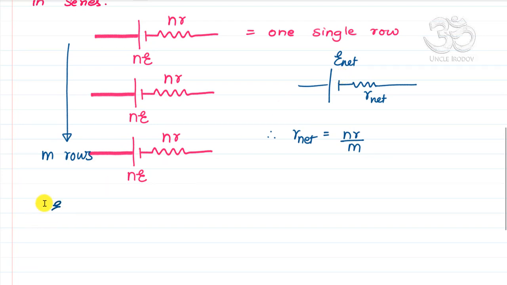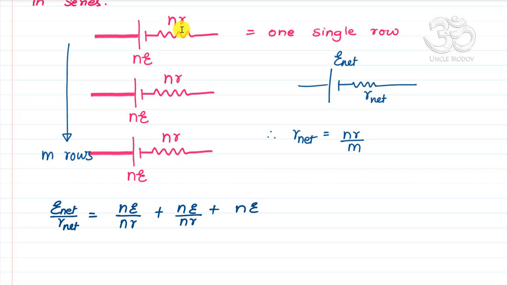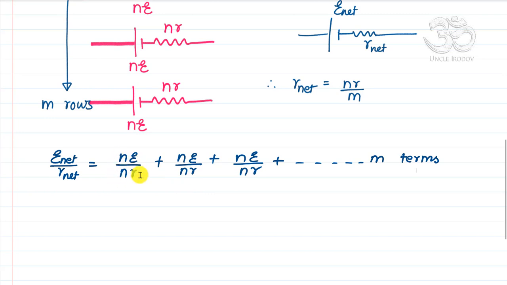And how we use that is E net by R net is equal to E1 by R1 plus E2 by R2 plus E3 by R3 plus, and I will have m such terms, one term for each row. So m terms, and you will see that each term will be just equal to nE by nr. So on the right hand side I'm going to get mE by r, and that's E net by R net.